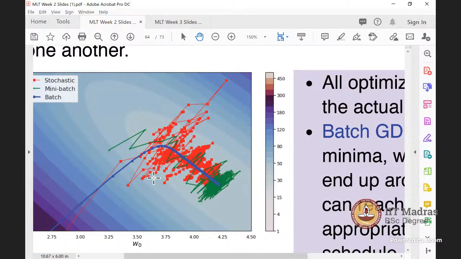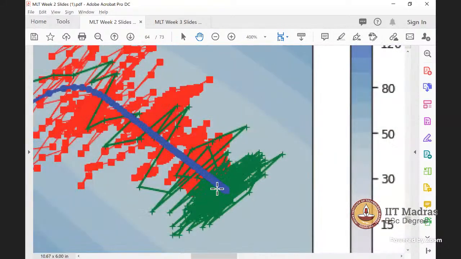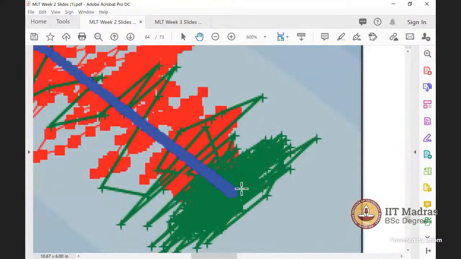The green one is the mini batch. You will see that it is taking an erratic approach. It sometimes moves away from the optimal solution, but slowly it is getting closer. And when it gets to the optimal solution, there are a lot of iterations just hovering around the optimal solution.